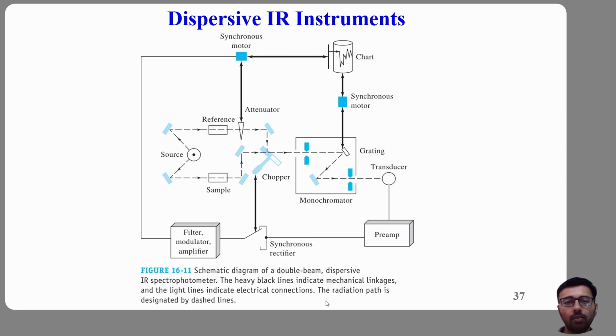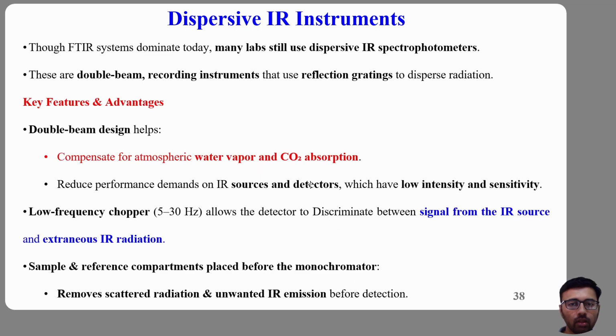Next, both beams encounter a rotating device called the chopper. This rotating chopper is one of the most fascinating components of classical IR instruments. So, what exactly does the chopper do? The chopper rotates continuously at a relatively low frequency, typically between 5 to 30 Hz.